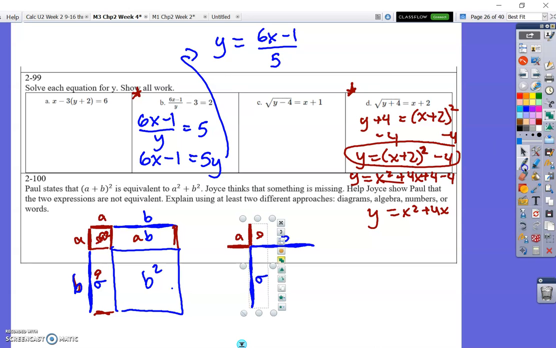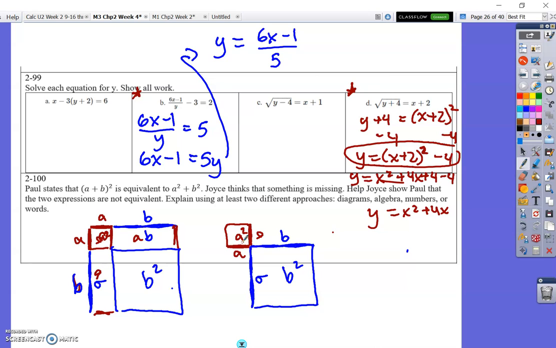I would end up with b squared and a squared. And so I don't have those two rectangles. And so that's one approach.